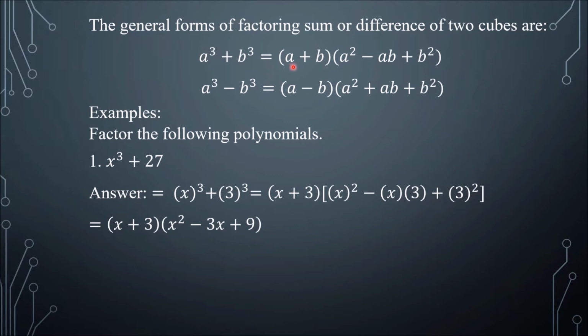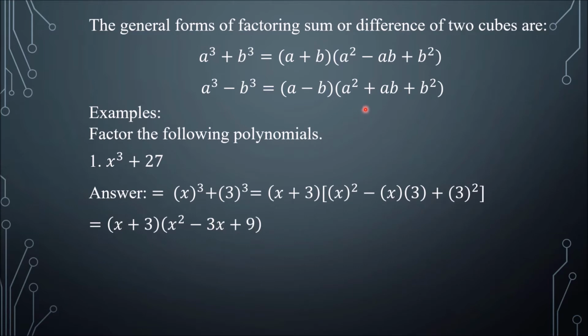Now take note of this, a plus b, and in our second factor we have the minus sign. Now if this is a minus b, a cubed minus b cubed, this is a minus b, and our second factor is plus in the middle term.